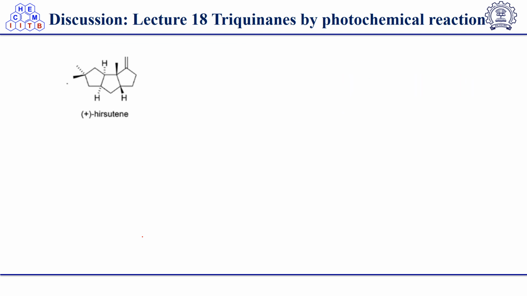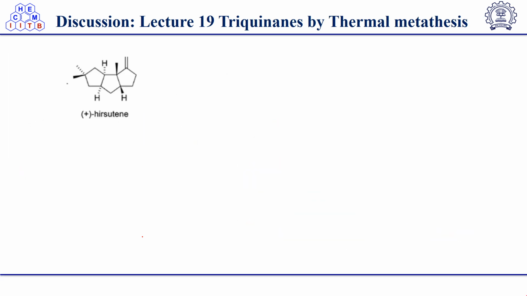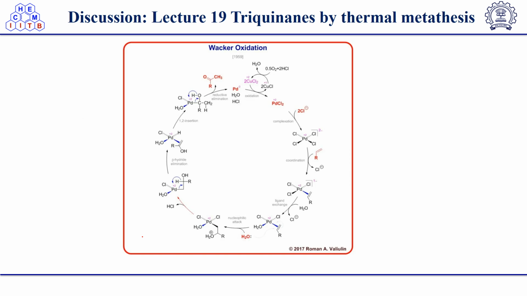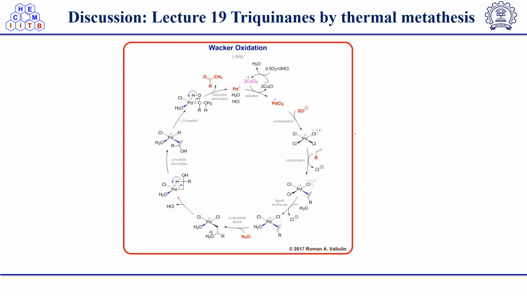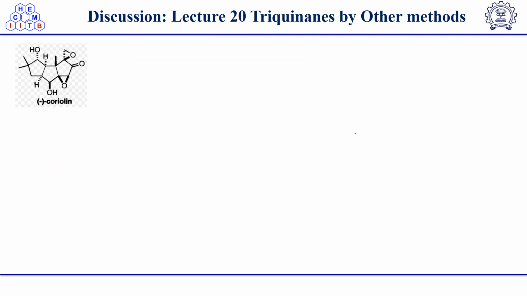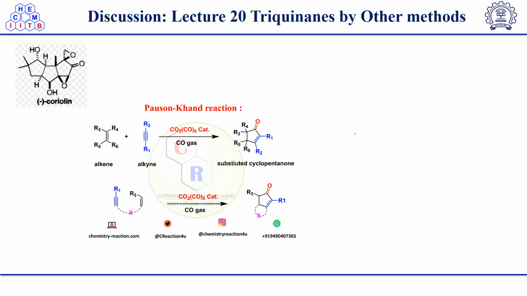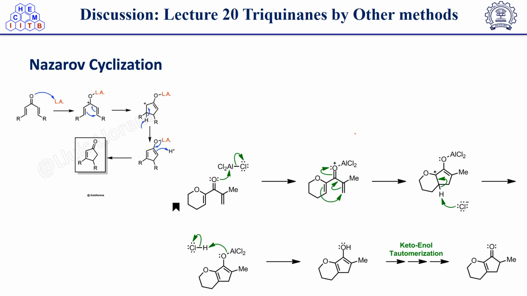Then in triquinanes by photochemical reaction itself, we saw McMurry coupling. Then the triquinanes by thermal metathesis, we saw this Wacker oxidation and the concept of this thermal metathesis, which was formulated by Mehta's group. Then Wacker oxidation, then Johnson-Claisen rearrangement, then methods for the construction of other triquinanes or five-membered rings in general, like Pauson-Khand reaction, vinylcyclopropene rearrangement, Nazarov cyclization.